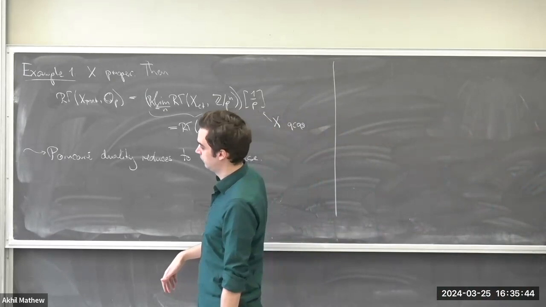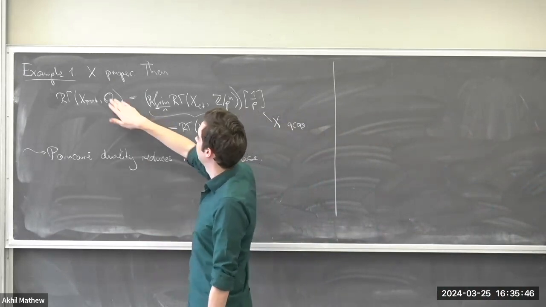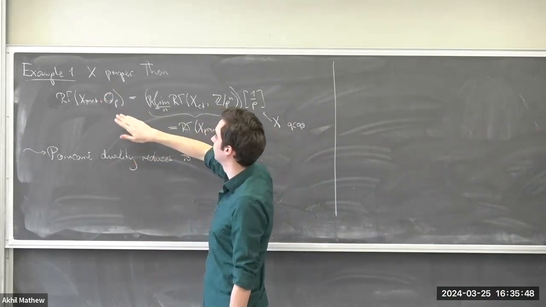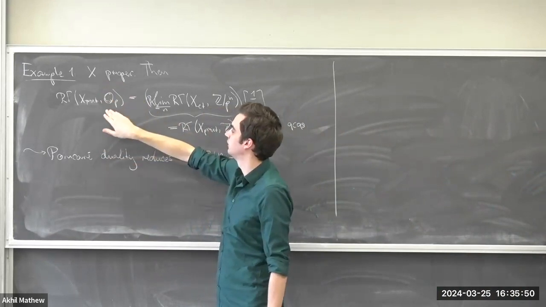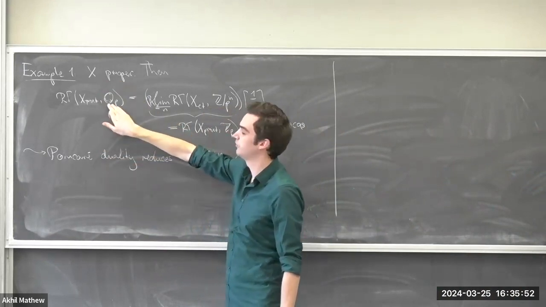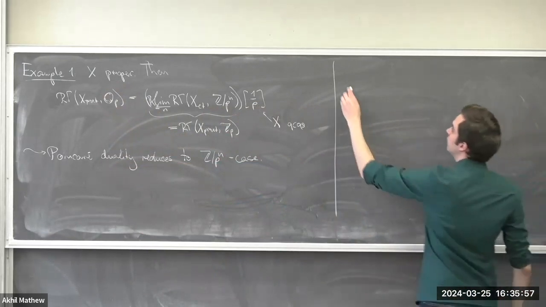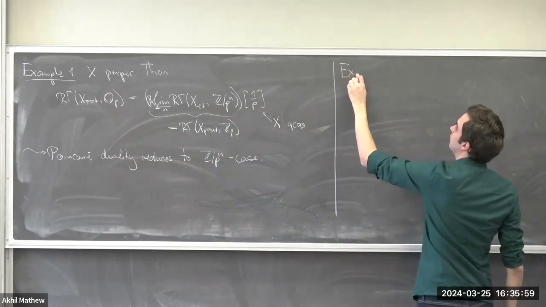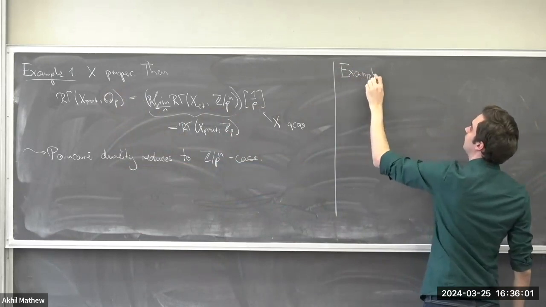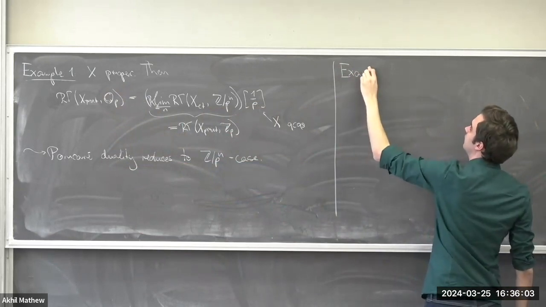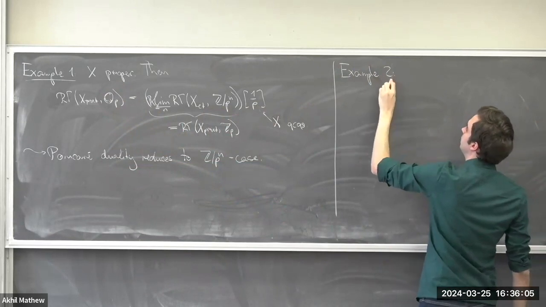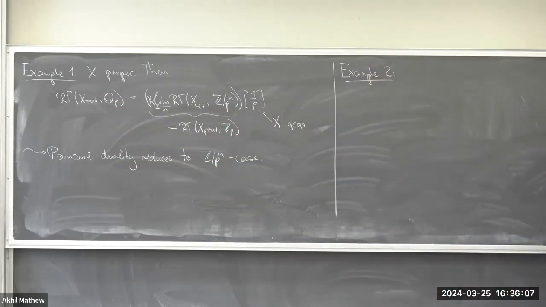The first is what happens if X is not proper, and the second question one can ask is, even if X is proper, what happens for more general local systems I can put here? And it turns out that both of these questions seem to give surprising results, at least if one looks at this for the first time.